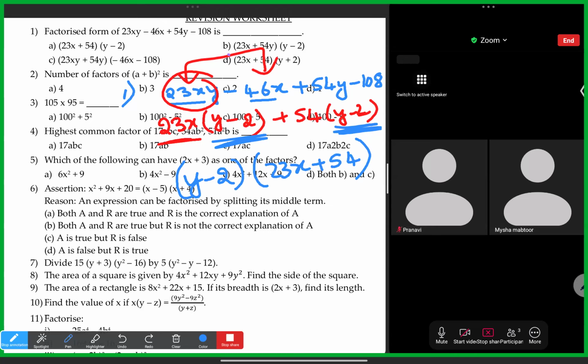Yes, sir, there is y minus 2. It is A, Maisha, because the order can be anyway; 2 into 3 or 3 into 2 is the same. So 23x plus 54 into y minus 2. Yes, Maisha, because in B, 54y is there. So this is the answer for the first one.